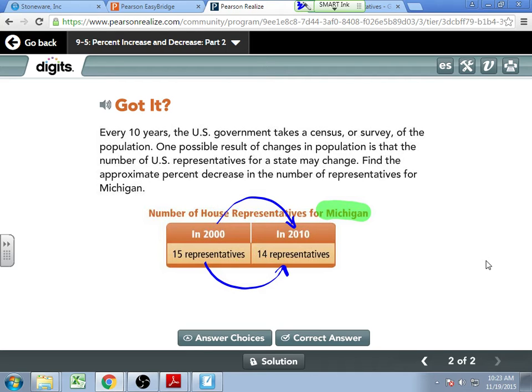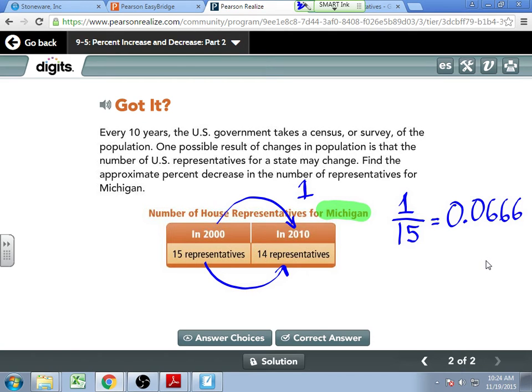So, what's our change here? We went down by 1, so our change is 1. We take that 1 and we divide it by our original, 15.